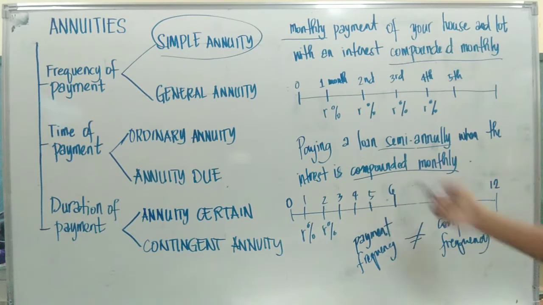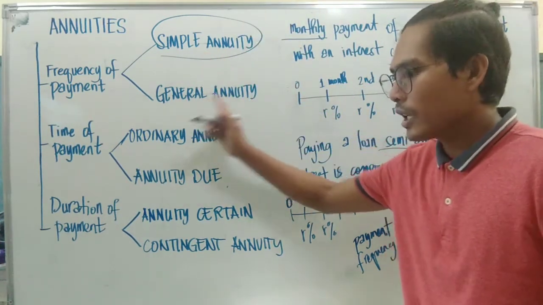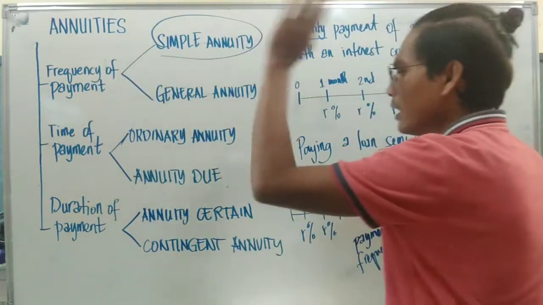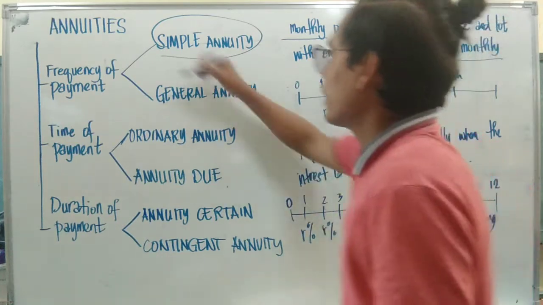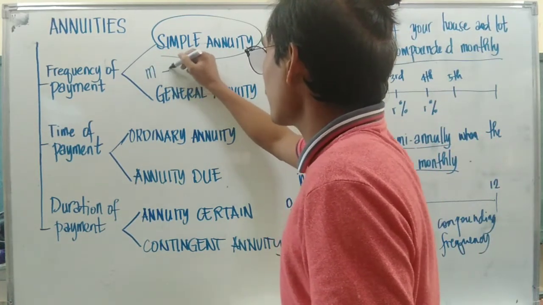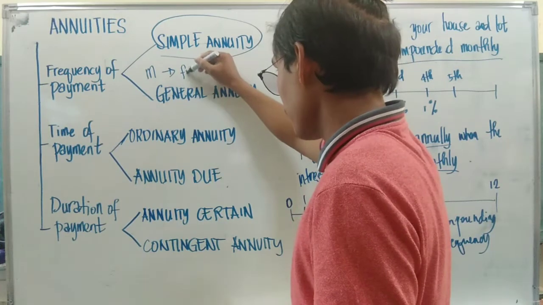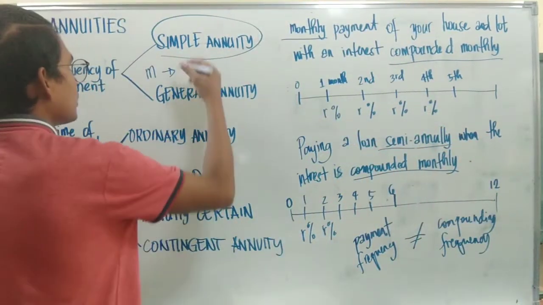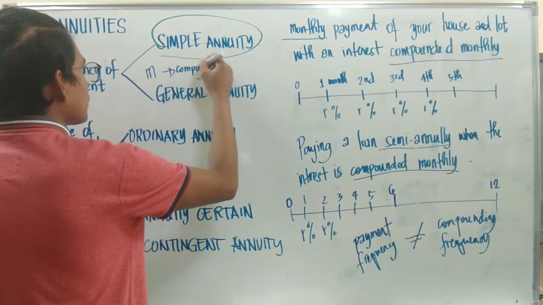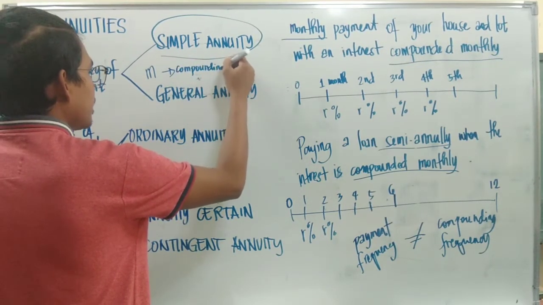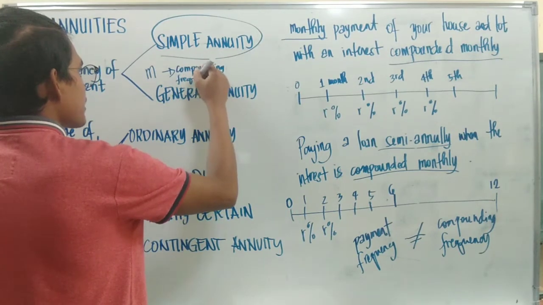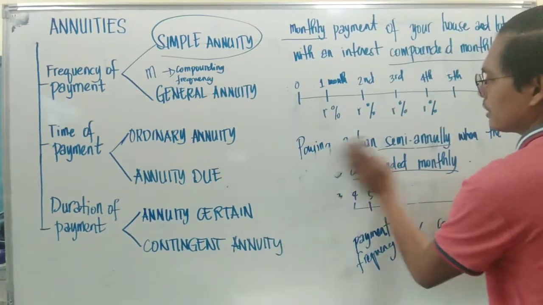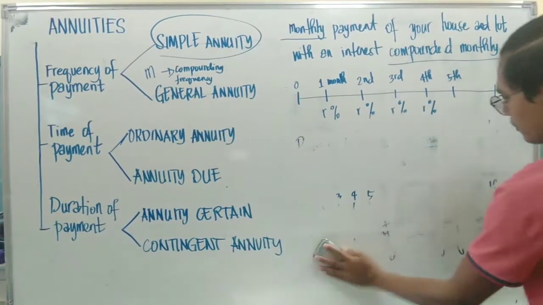So I guess that we are clear on simple and general annuity. So we are speaking about the frequency of payment and comparing it to your M, which is your conversion period or compounding frequency. So I guess you have taken your notes.